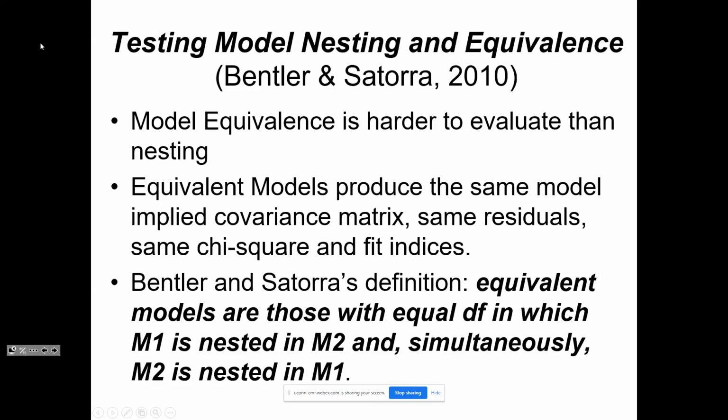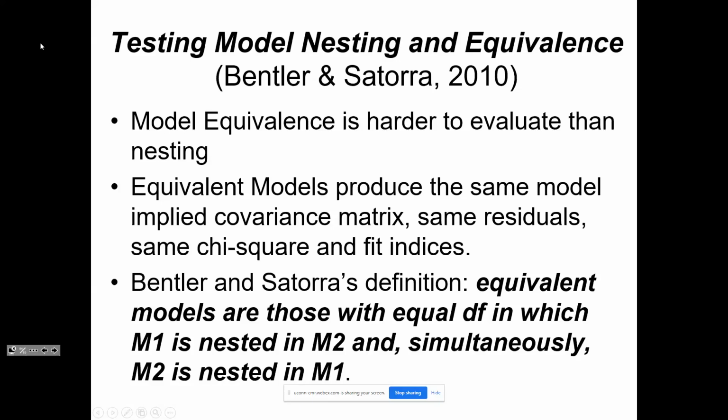Okay? So according to Bentler and Satora, you can think of equivalent models in this way. You could think of them as models that have equal degrees of freedom, in which, let's say model 1 is nested within model 2, and simultaneously model 2 is nested within model 1. Now that's a slightly different way of thinking about nesting than we're used to, right?